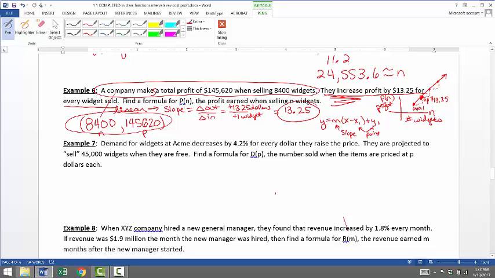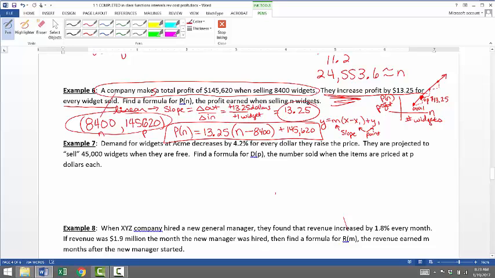P of n equals, the slope is 13.25, parentheses. Instead of x minus the x1, our x is really n minus the x value of the point is 8,400, plus the y value of the point is 145,620. So there is the equation of the line.